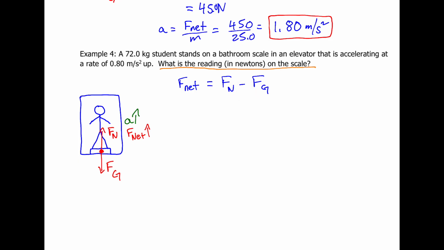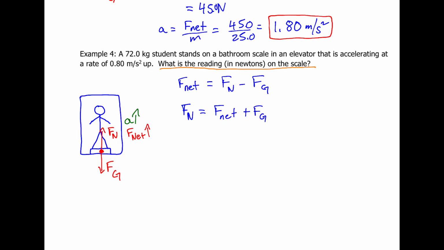So now what we're going to work with is trying to rearrange for Fn. If I rearrange this equation for Fn, what do I get? Yeah, I get to add the two together: F net plus Fg. Now that we've rearranged it, it does feel like, is gravity positive all of a sudden?